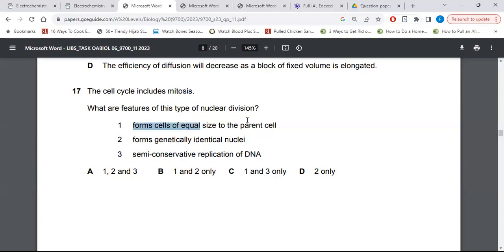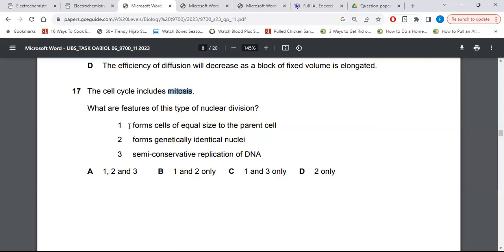Similarly, forming cells of equal size to the parent cell is not during mitosis, this is cytokinesis. When the cell divides into two, that is cytokinesis. Mitosis is simply the nuclear division. I'm simply dividing the nucleus into two. The cell still has to divide into two, and it will do that in cytokinesis.